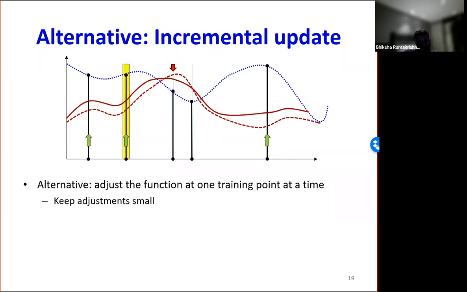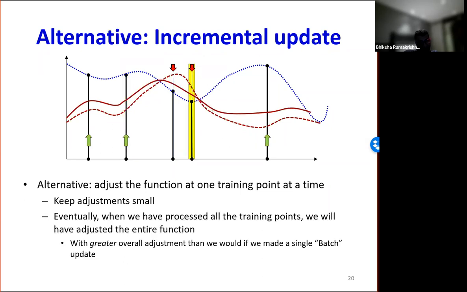And then we pick up another point and correct the function there. And so as we incrementally pick individual training points and make our corrections, keeping the adjustments small each time, eventually when we have processed all the training points, we would have adjusted the entire function with possibly greater overall adjustment than we would have if we made a single batch update.